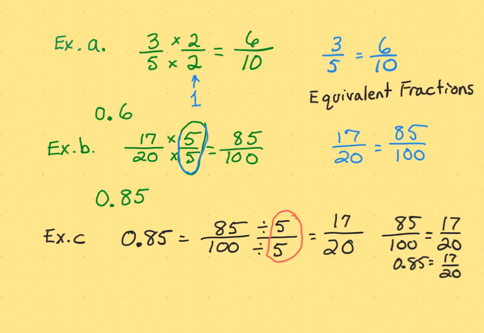You can move back and forth easily between decimals and fractions as you become comfortable with it. And remember from the previous video that the decimal, or the fraction, 85 hundredths is also equal to 85%. 85% equals 0.85 equals 17/20.